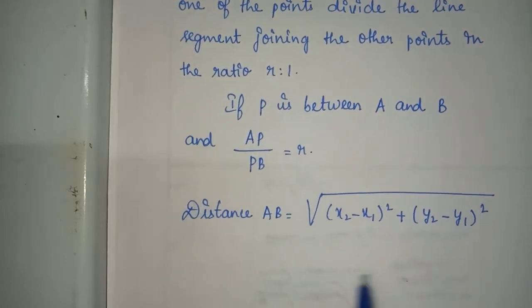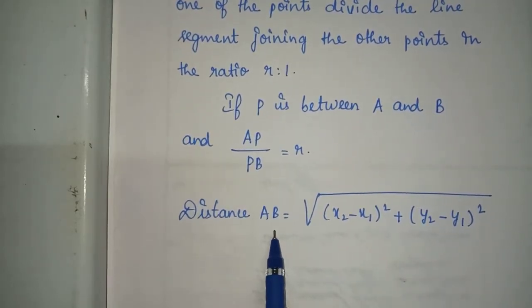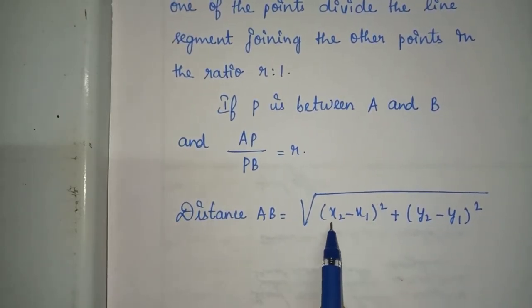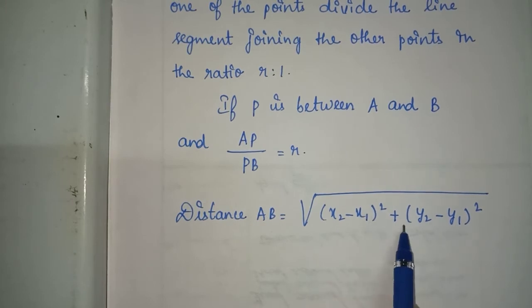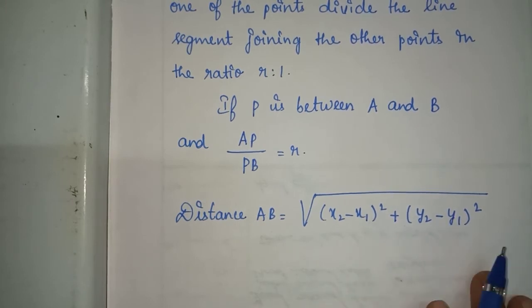So first we are going to find the distance of AB. So AB is equal to root of (x2 minus x1) the whole square plus (y2 minus y1) the whole square.